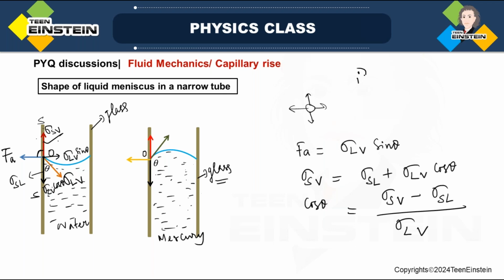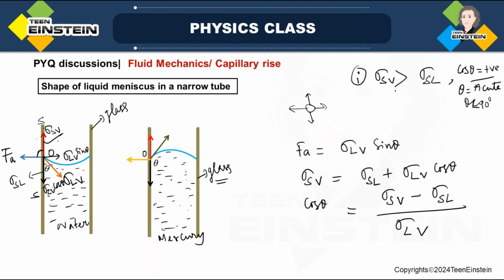Let us take the first condition: if sigma SV is much greater than sigma SL, then cos theta will be positive. And that happens when theta is an acute angle, below 90 degrees.